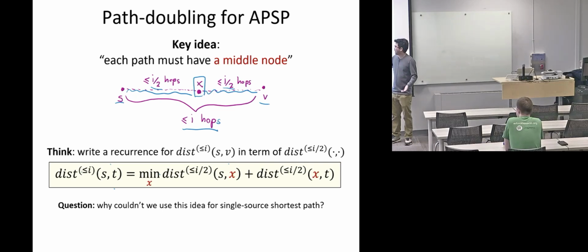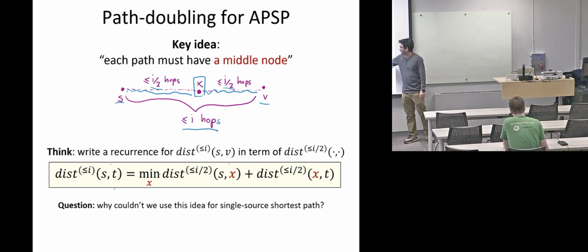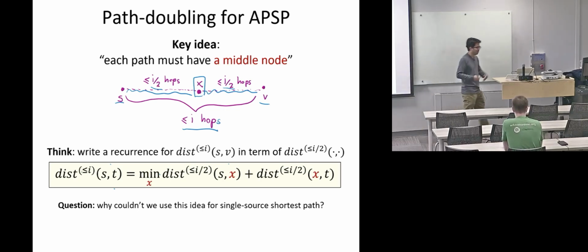So that's log n choices for i. So the number of subproblems we have is actually n squared times log n. That's the point of path doubling. We reduce the number of subproblems. Not n, but log n.